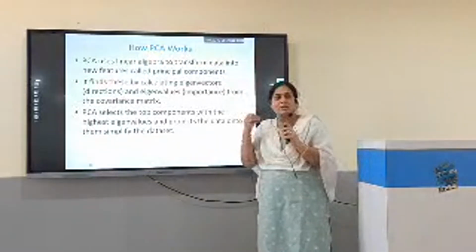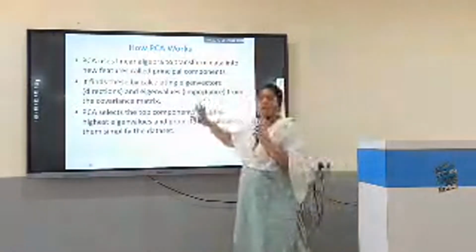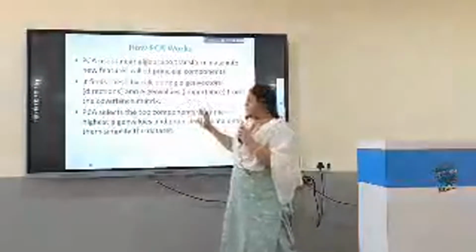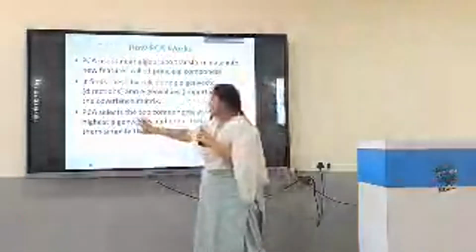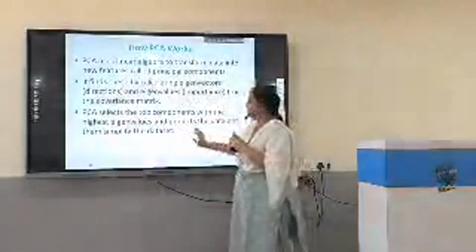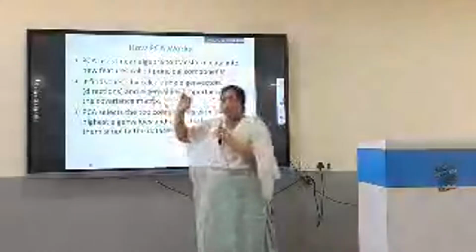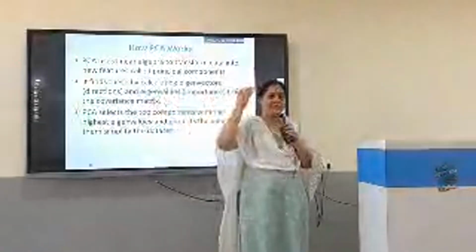All these formulas you must have learned, right? So all that we are going to use in the working of PCA. PCA selects the top components with the highest eigenvalues and projects the data to simplify it. So how are you going to calculate these eigenvectors and eigenvalues?